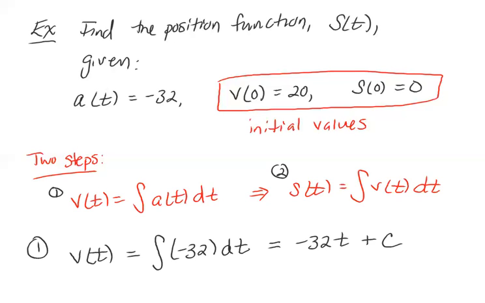So I have a function that represents my velocity. I don't want that velocity function to be arbitrary. I want it to be exact. So now I'm going to use this first initial value to solve for c. So let's do that now. I'll go ahead and write the function down again.